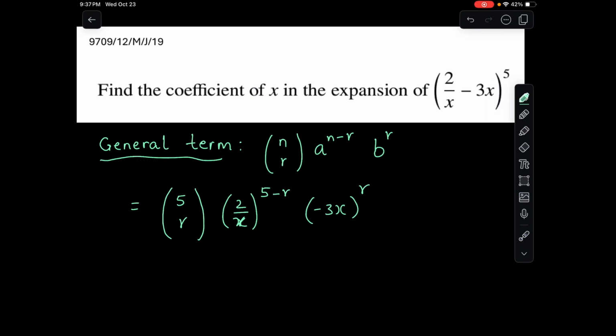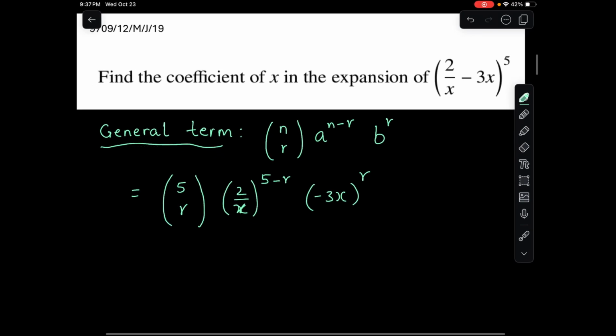So what I'm going to do over here is write an equation using the x's. I'm going to ignore the coefficients 3 and 2 here, and just make use of x. Now here the x is in the denominator, so we can take it in the numerator.